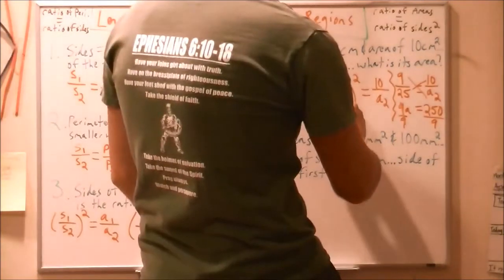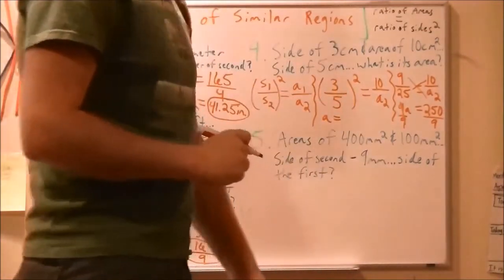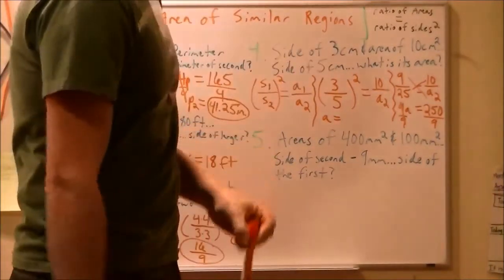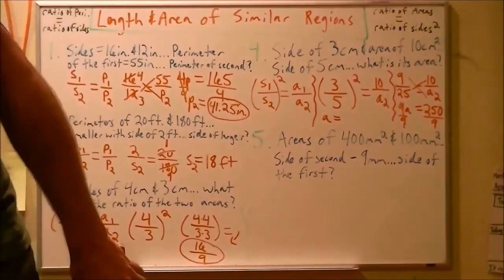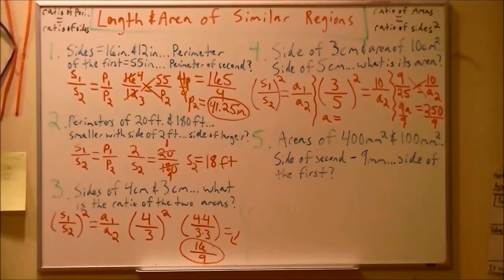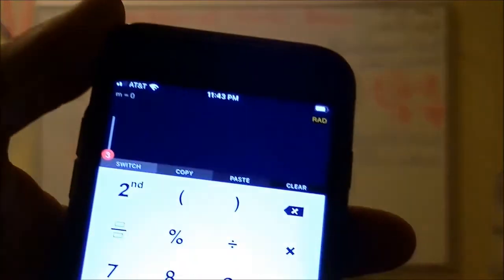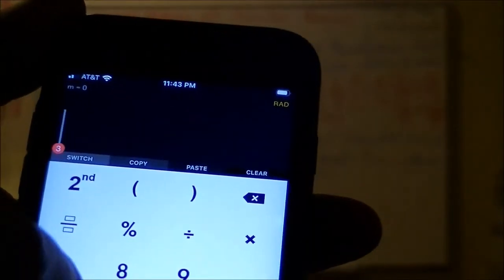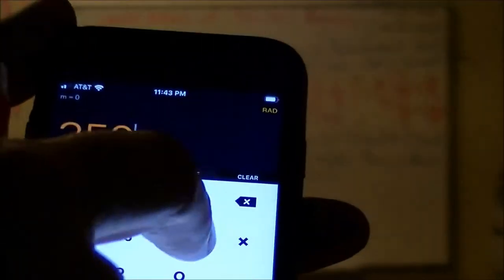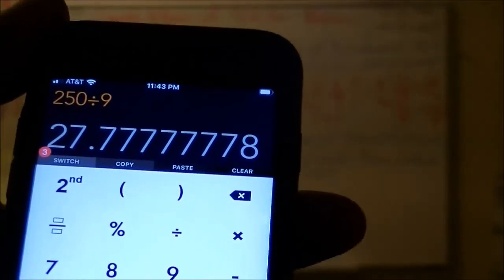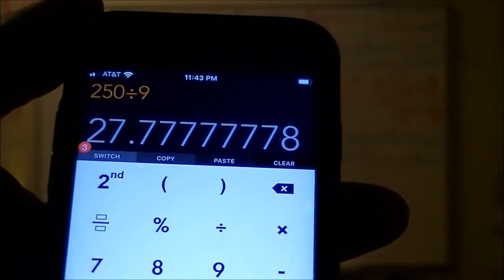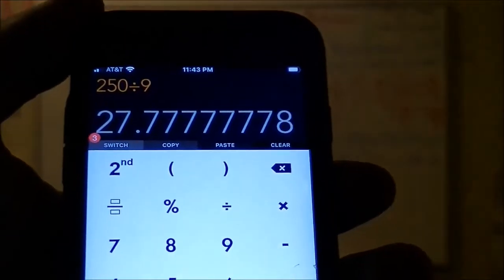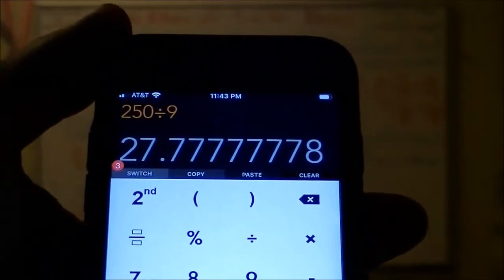I'm going to go right back over here to write the answer. So I'm going to divide 250 by 9. I'm going to grab my handy dandy calculator. You feel free to do the same if you like, as well on your quizzes and on your tests. Remember what I said, if you'll just do to the tenths on these, most of them anyway, that's fine.